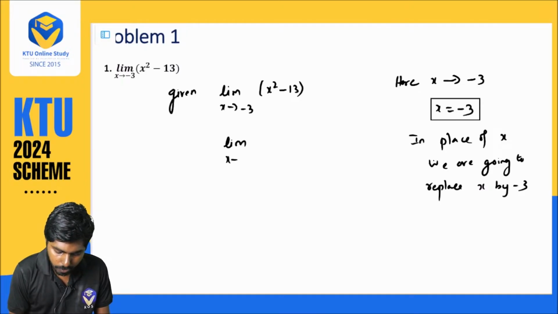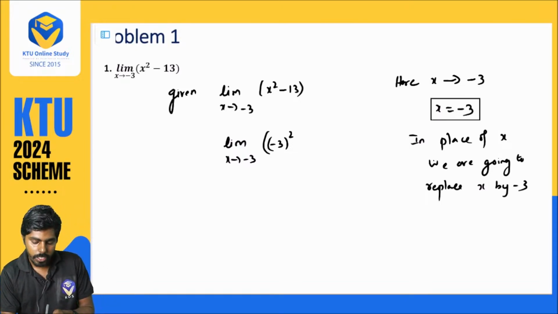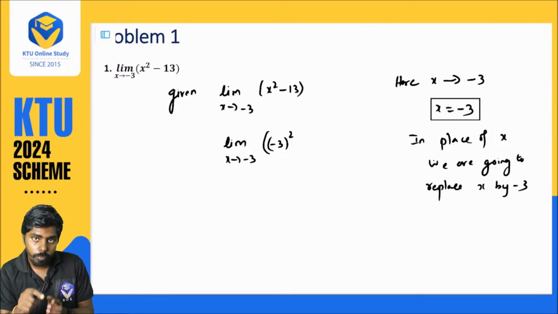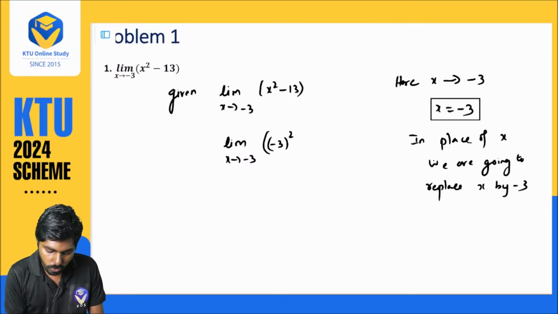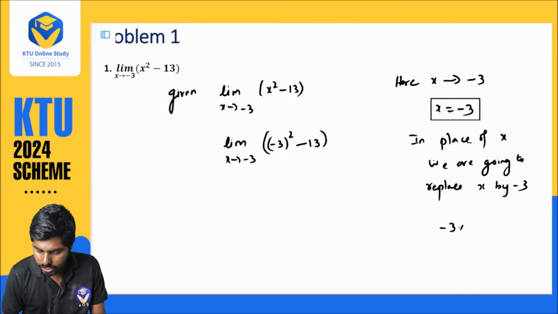So just replace it. In place of x, I am replacing -3, so we get (-3) the whole square minus 13. We should be very careful. What is (-3) the whole square? That is -3 into -3.